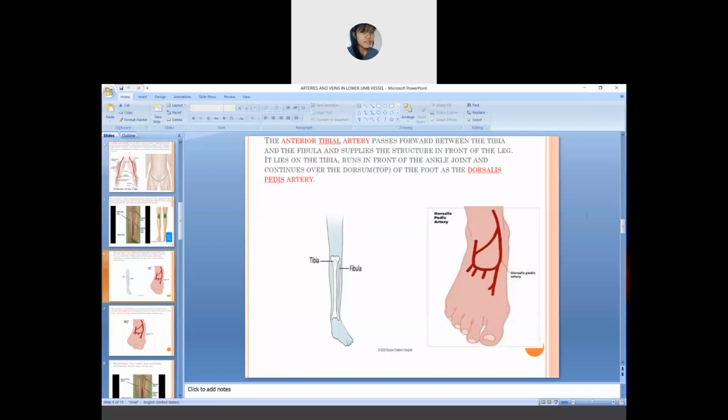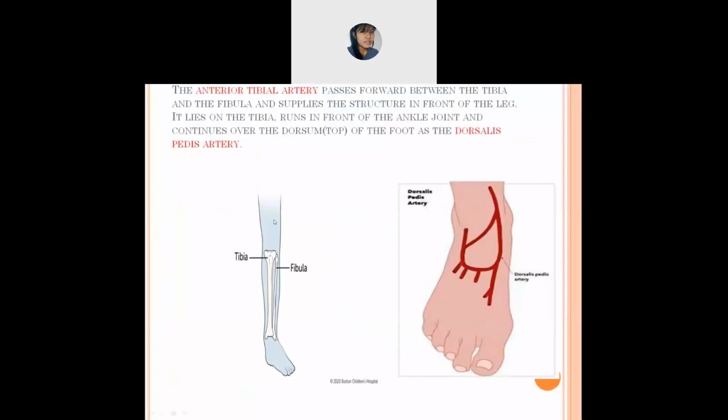Of course, the anterior tibial artery passes in between the tibia and fibula. This is tibia, this is fibula. So the anterior tibial artery will be situated in the middle. Then slowly it will go down, down and down. Then it will reach the dorsalis pedis artery.